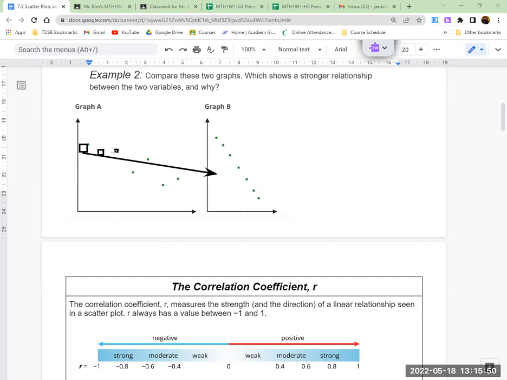Where one of the corners touches the dot and the other corner touches the line. Is that the smallest? Is that the best way you can minimize the area of the square? In other words, can you draw smaller squares if you change the line? Yes, right, I just did it. So that is a bad line of best fit.